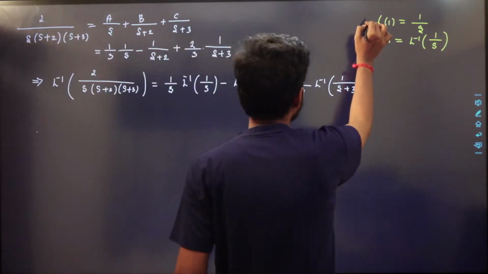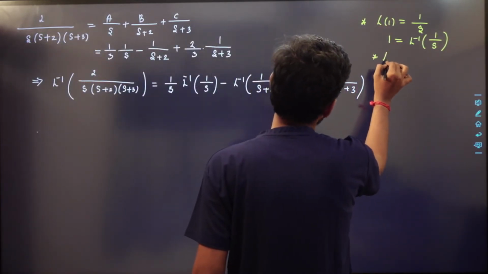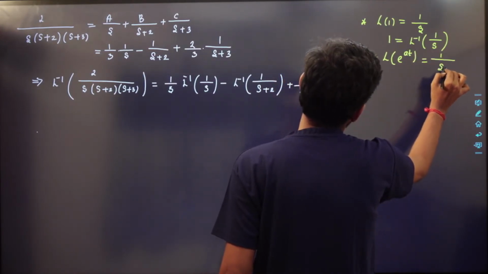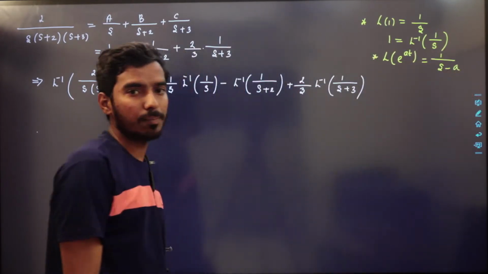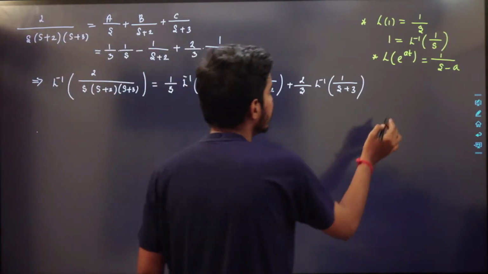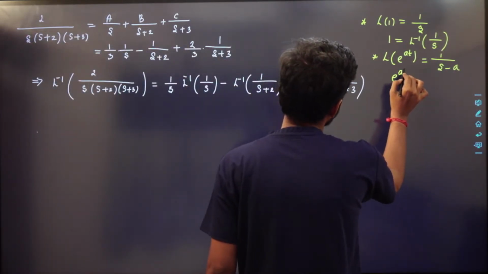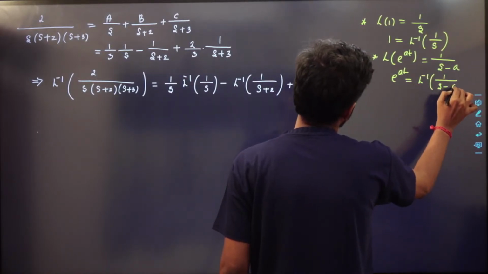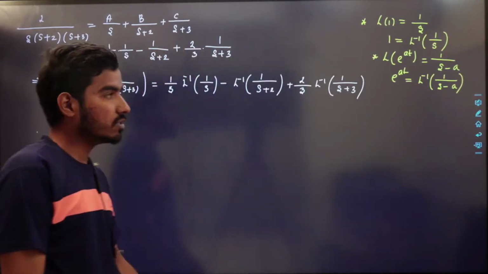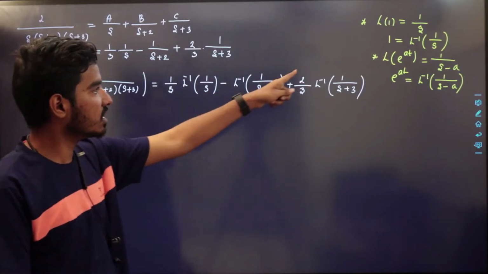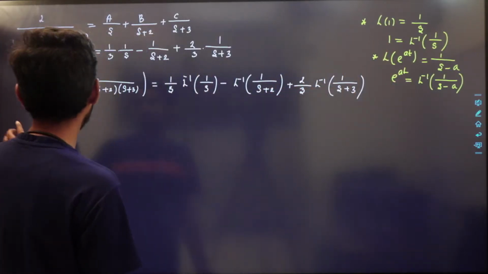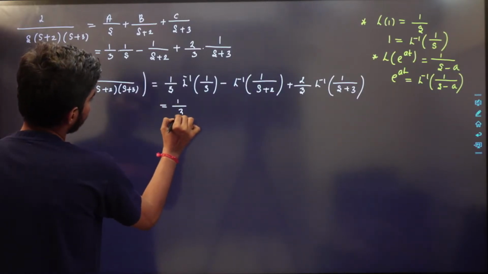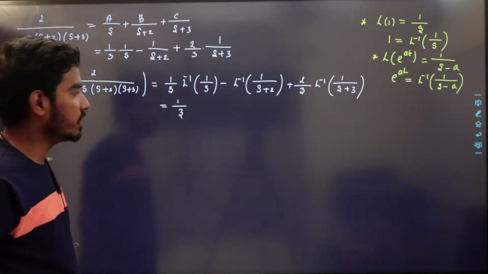And similarly, we know L of e power at is 1 by s minus a. That means e power at is equal to L inverse of 1 by s minus a, right? Just compare these two. So L inverse of 1 by s is 1, so this will be 1 by 3 into 1, which is 1 by 3, right?